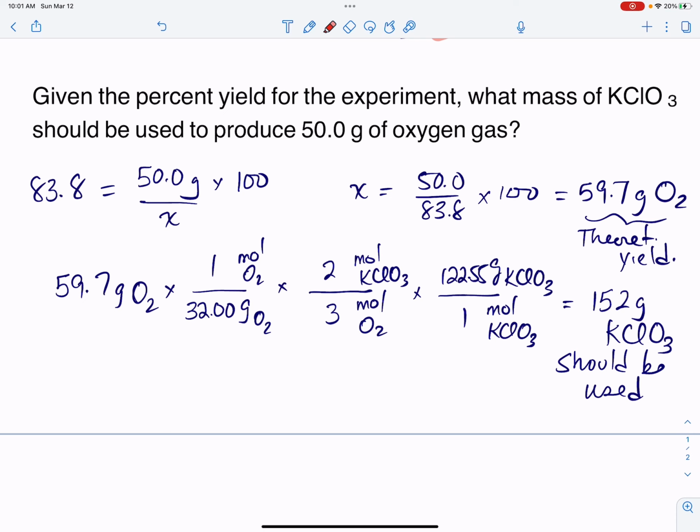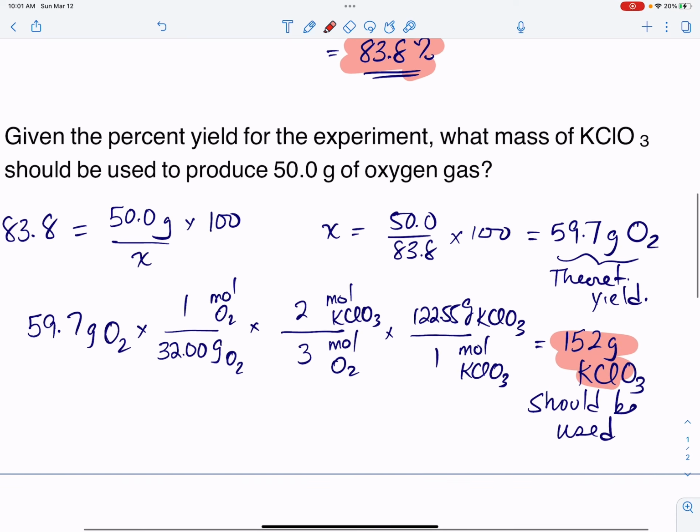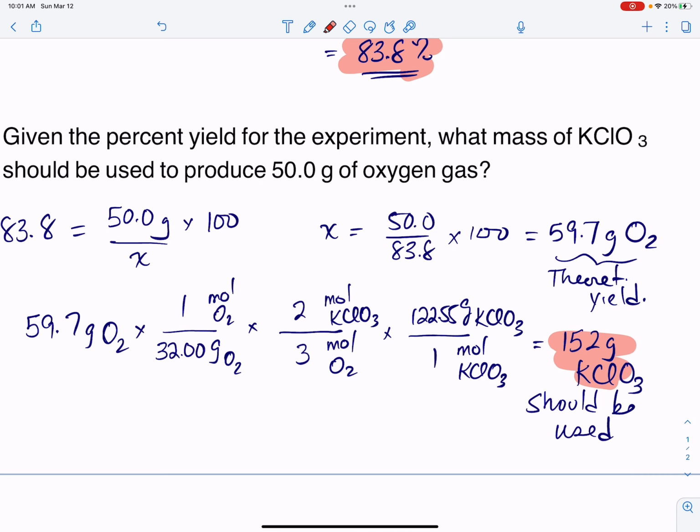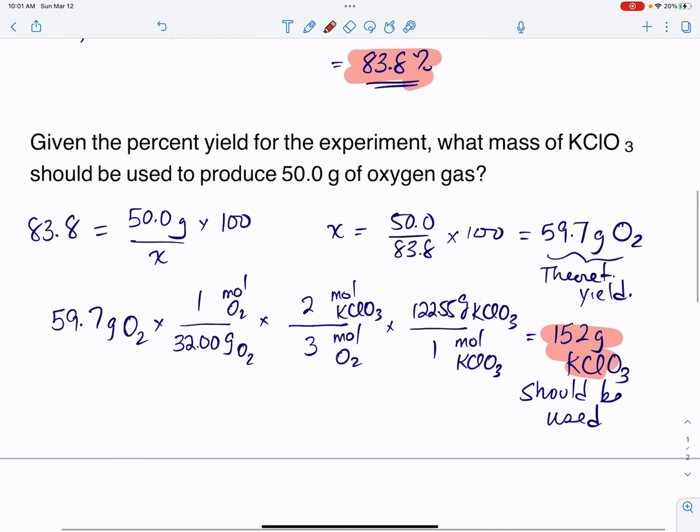All right, so this was a little bit of a harder percent yield question because we weren't just calculating the percent yield, we were using it to solve another question. Because we were going to get less than what we aim for, only 84% of what we aim for, we started by taking what we wanted to make, 50 grams, and we calculated what mass of oxygen we should aim for.